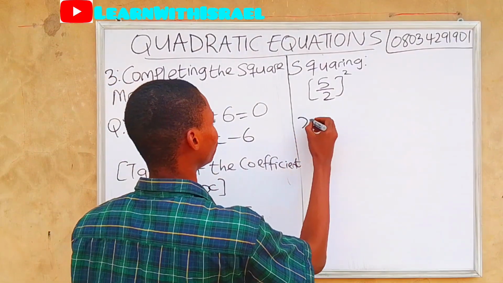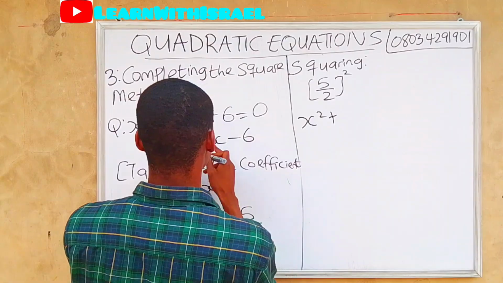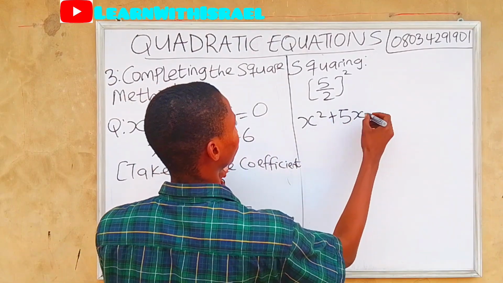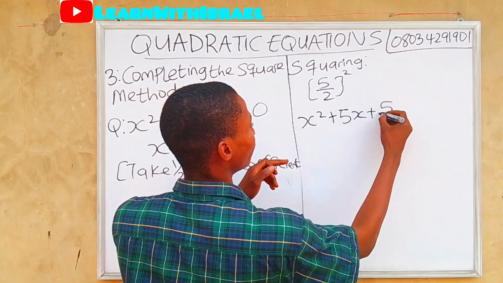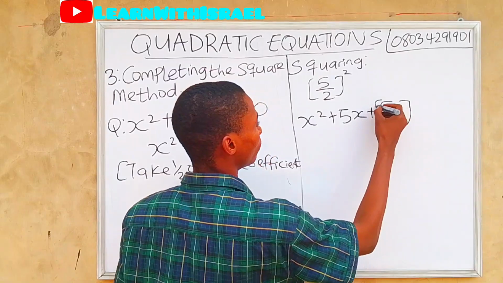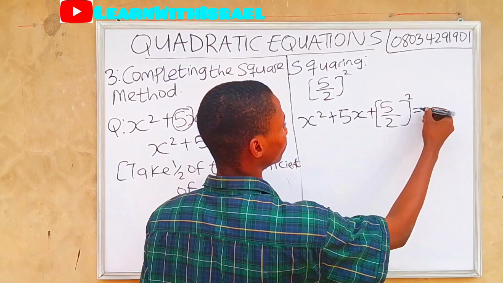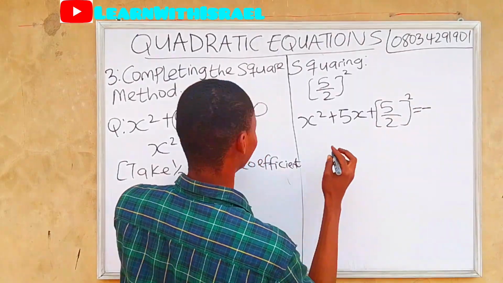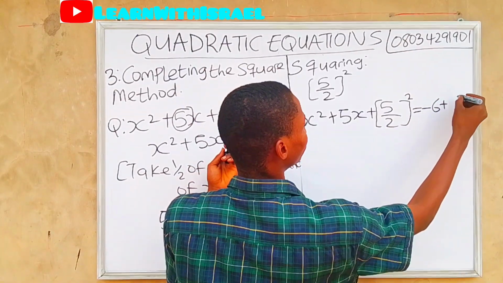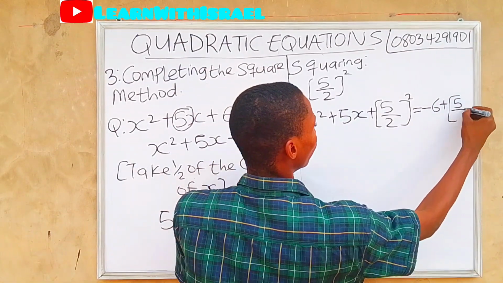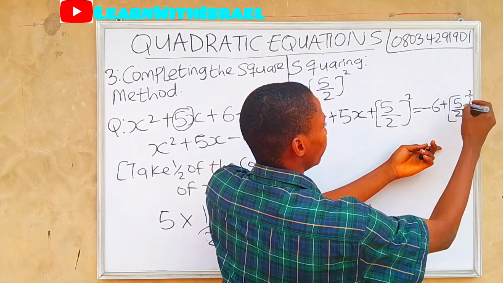So x squared plus 5x plus 5 all over 2, open bracket, close bracket, squared, equals minus 6 plus 5 all over 2 squared.